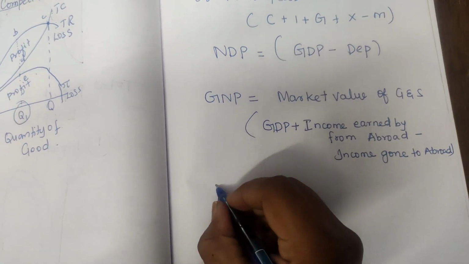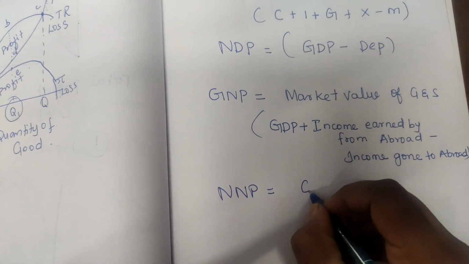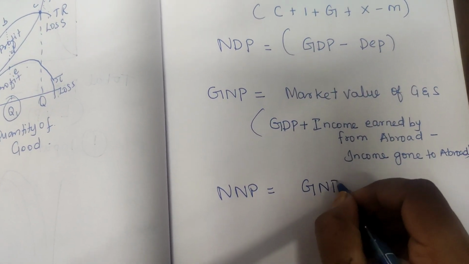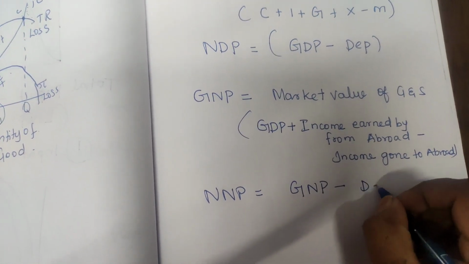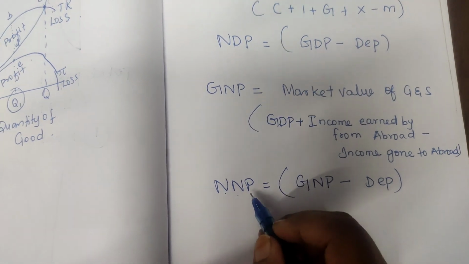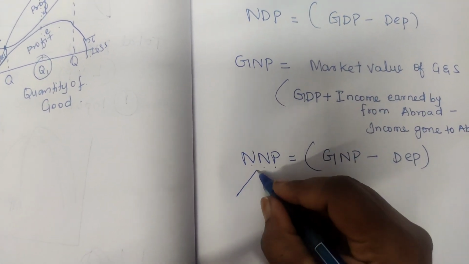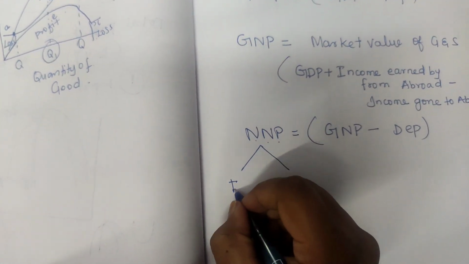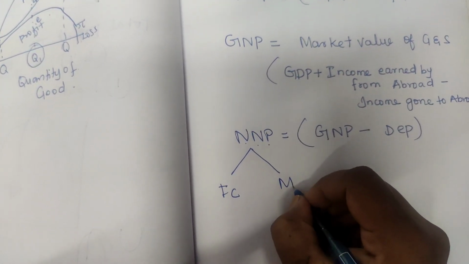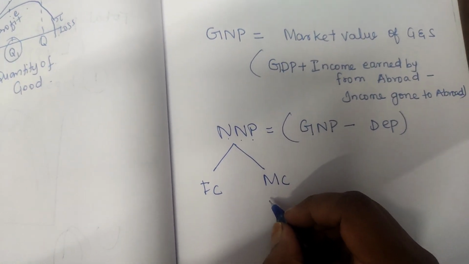Now you have to calculate NNP, where again you need to remove the depreciation: GNP minus depreciation gives the net national product. Net national product can be calculated in two ways, at factor cost and at market cost.